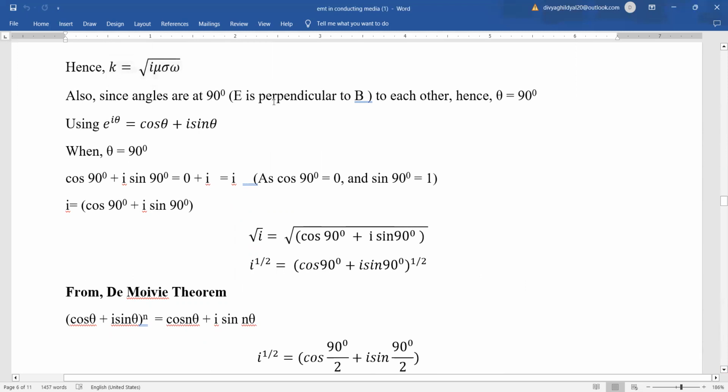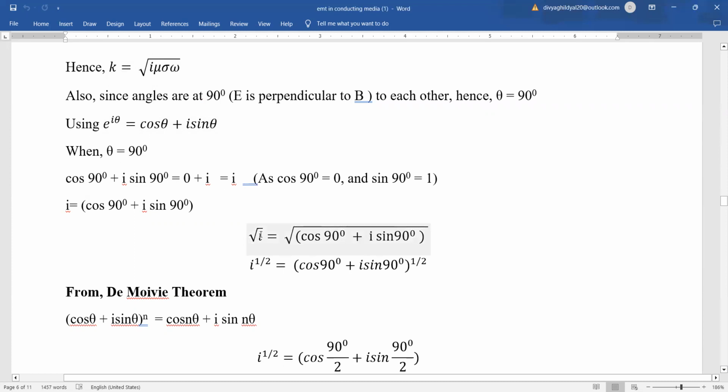Since the electric and magnetic fields are perpendicular to each other, theta becomes equal to 90 degree. Using the formula, e to the power of i theta is equal to cos theta plus i sin theta, when theta is 90 degree, cos 90 plus i sin 90 becomes equal to i, because cos 90 is 0 and sin 90 is 1.